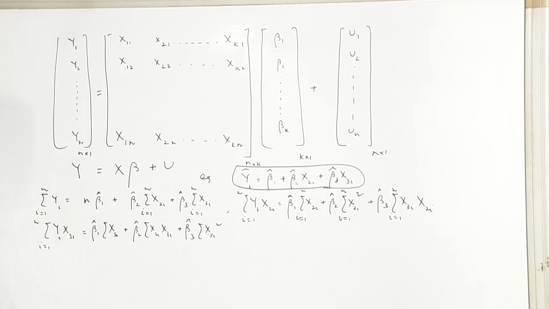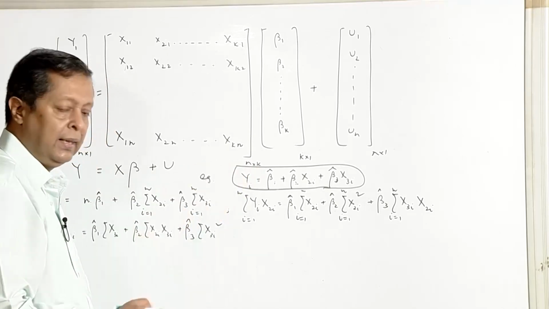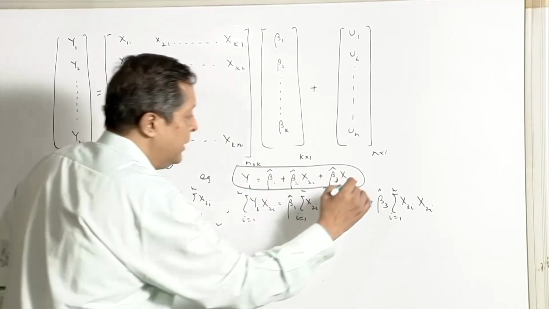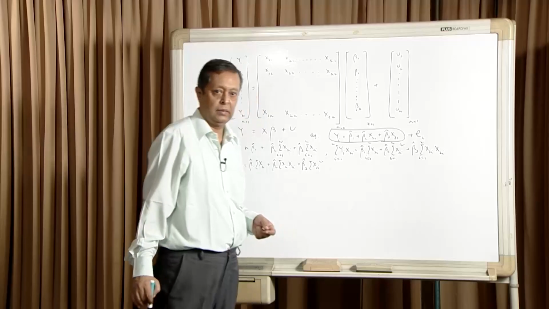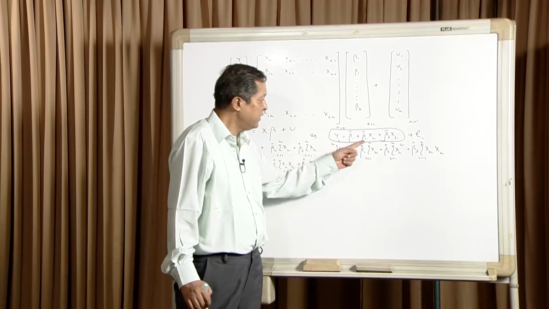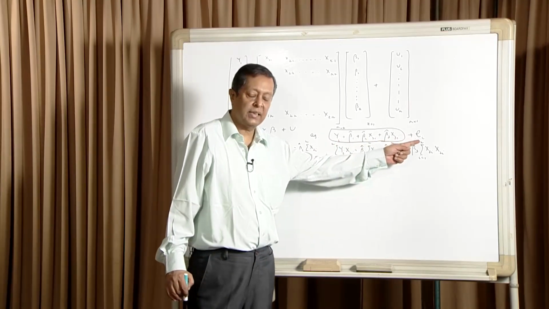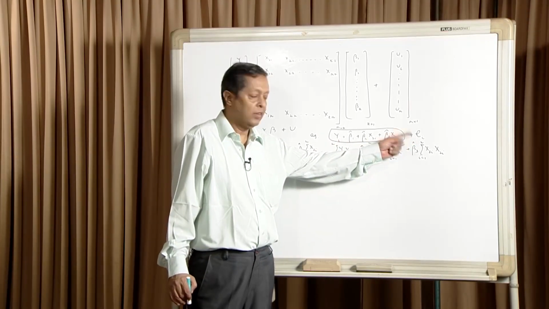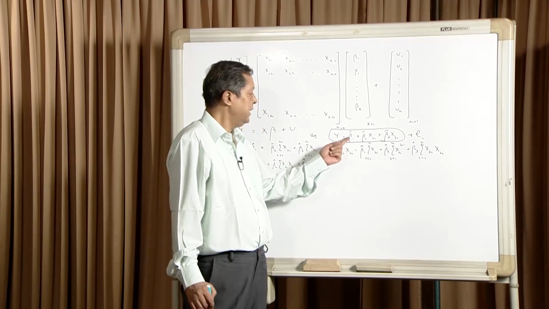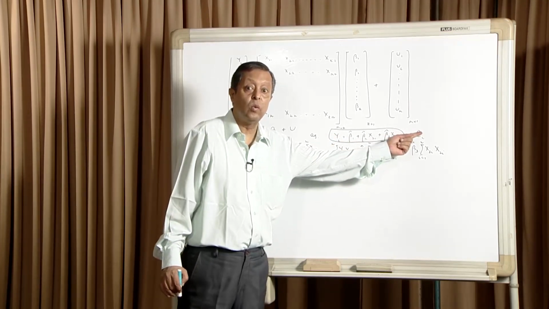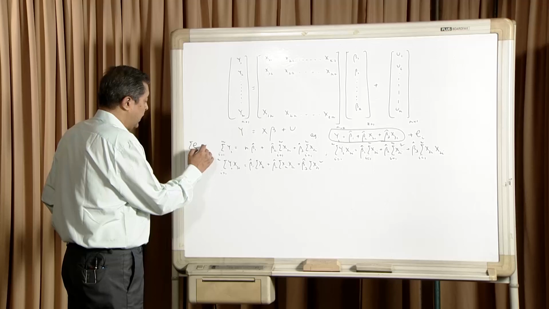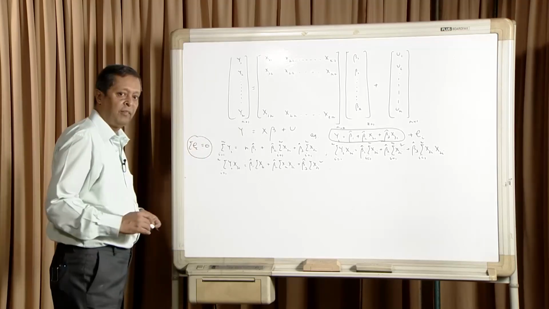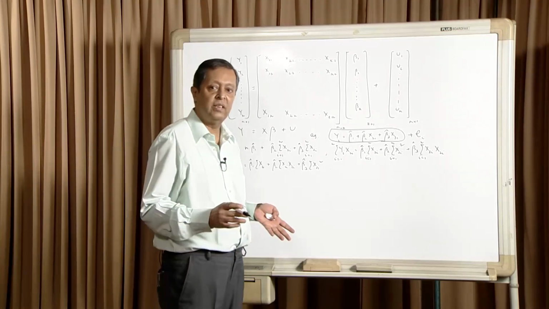The reason is the actual y is the estimated y plus the error of estimation. So, saying that this is equal to this means the error is equal to 0. So, the first one means summation e i is equal to 0. So, the average error of estimation is 0.